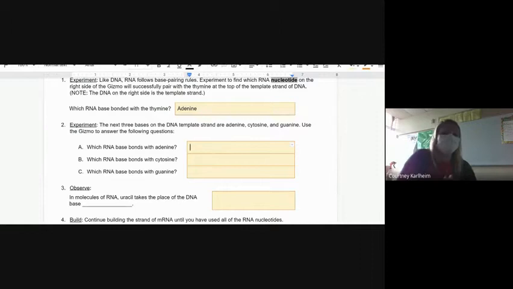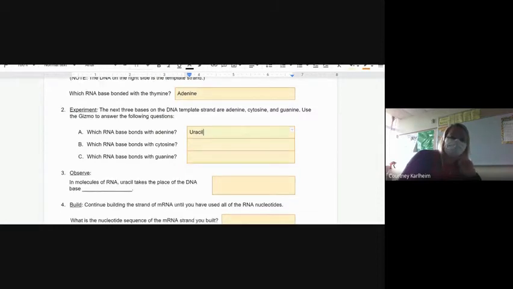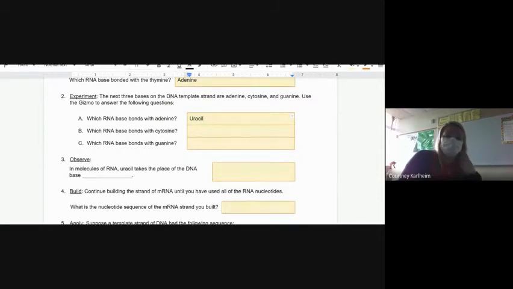The T gets switched to a U, which is uracil. Which is the question for number 3. In a molecule of RNA, uracil takes the place of the DNA base thymine. The rest are the same.